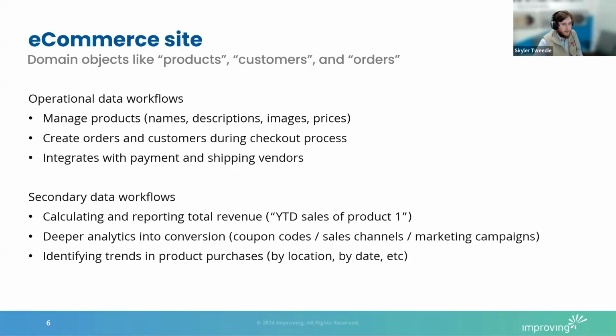For instance, when we ran a coupon code, say 20 percent off, did that increase the amount of sales we got over the specific period of time that coupon code was active? And you can also identify trends in product purchases by location or by date. You can slice that data up. And the point is you can aggregate that without affecting someone else making a purchase. So that's the difference we're talking about, operational versus secondary data.